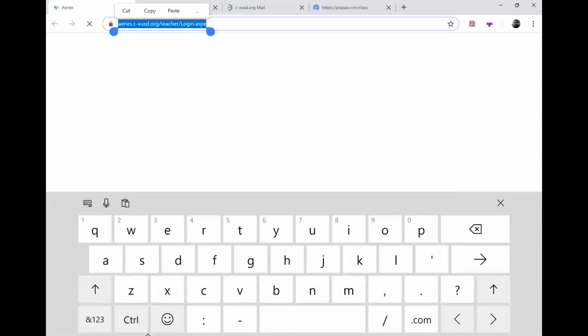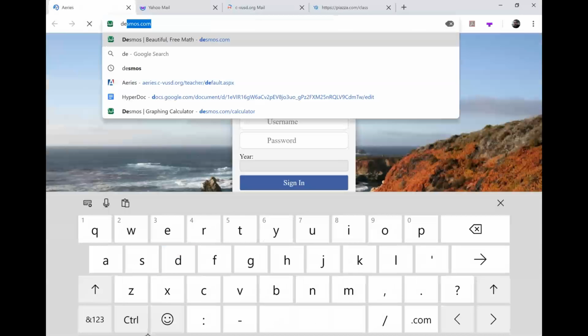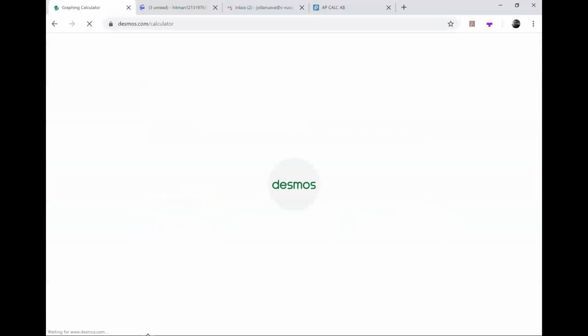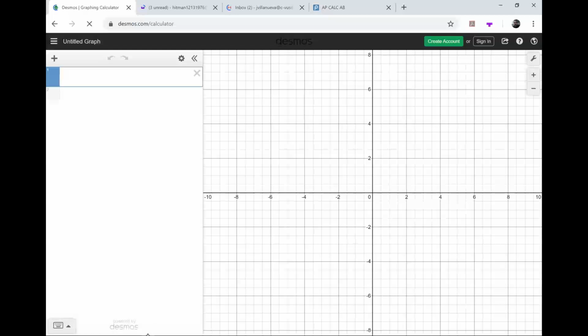Let's go to Desmos. I hate the way Desmos behaves with this, but let's see.